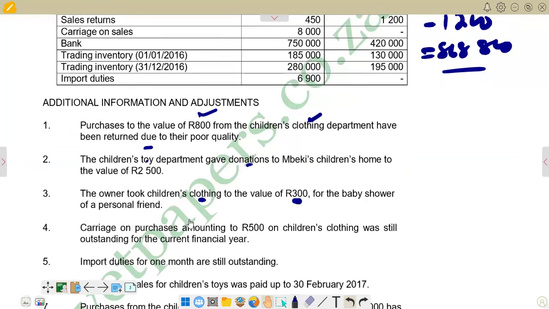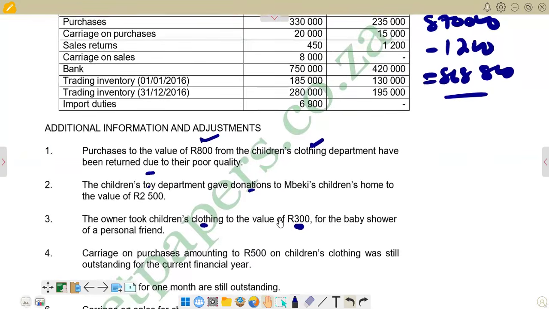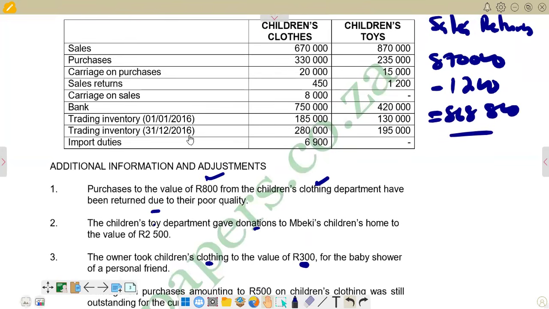So it means the figure that we have for carriage on purchases for children's clothing, we are supposed to add 500 since we have 500 which is still outstanding. So for clothing, we see the figure there, then we add 500. For clothing, we are here 20,000. So you have to say 20,000 plus 500, and then you get 20,500. So this is what we have.